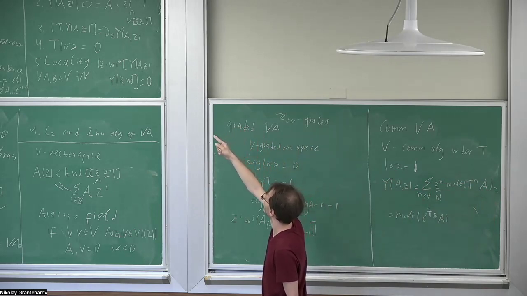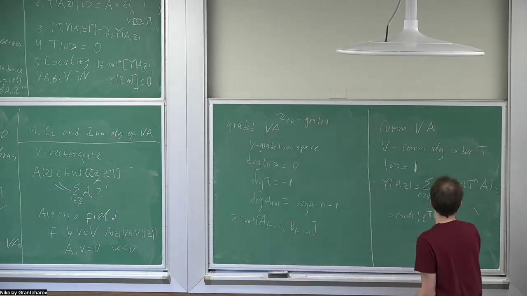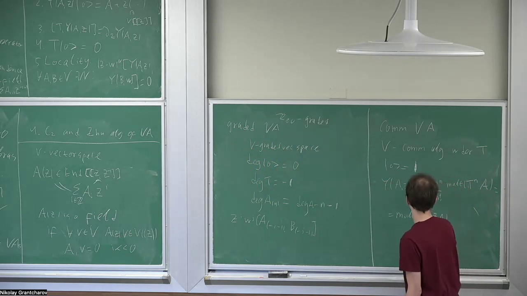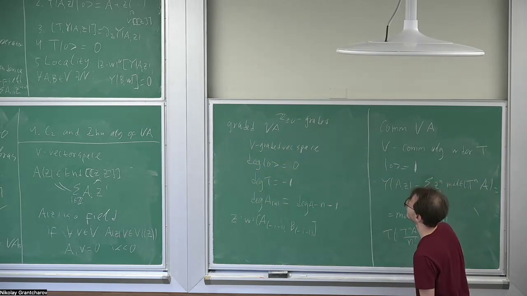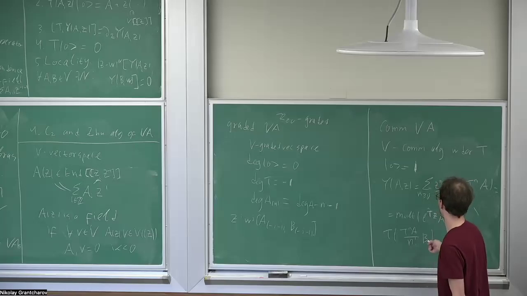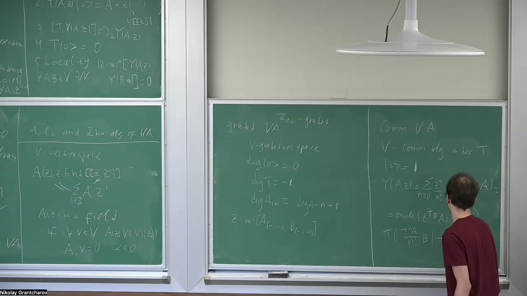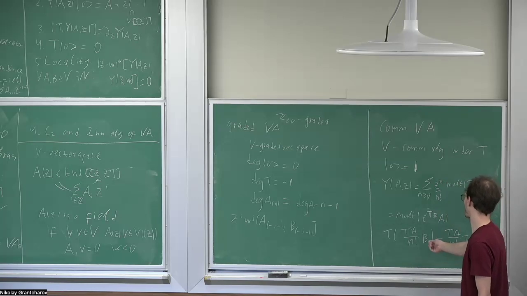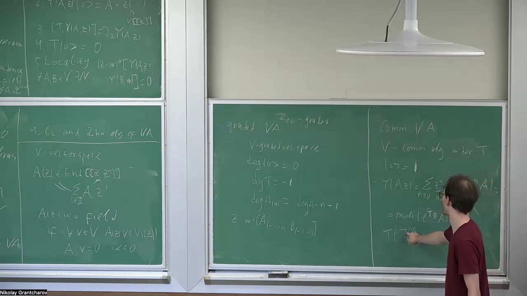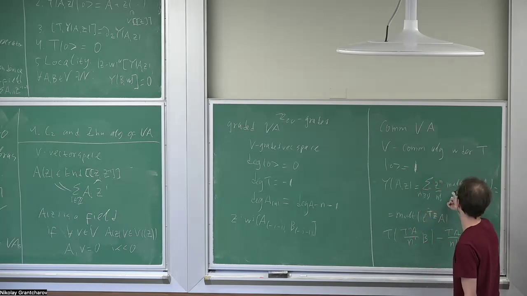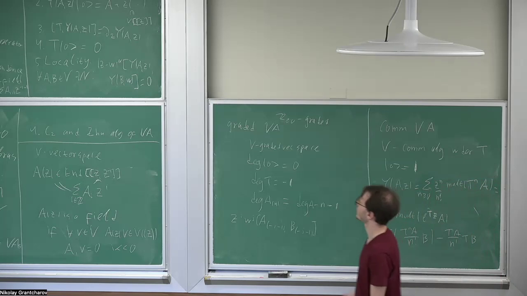If I compute the commutator with T, I get T times T^n A over n factorial, applied to B. So the commutator is just T applied to this expression. I apply the Leibniz rule, and then the next power of T appears here, and it's exactly what happens if I differentiate. It's also true.